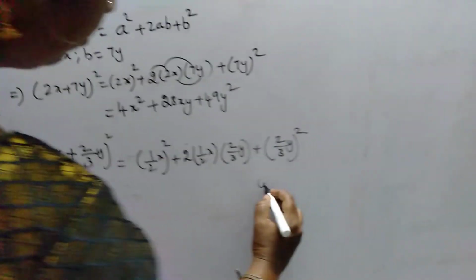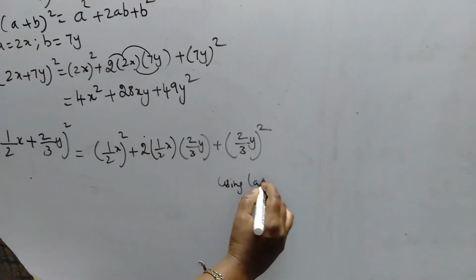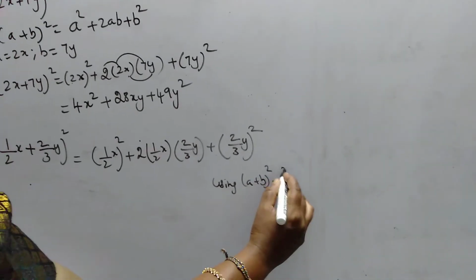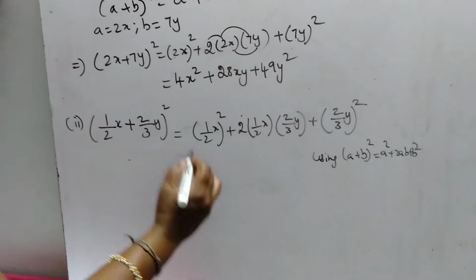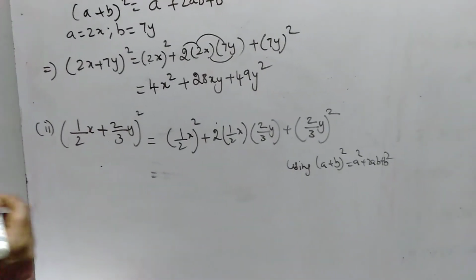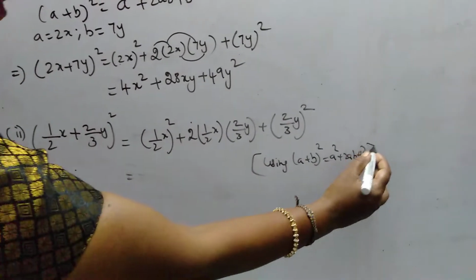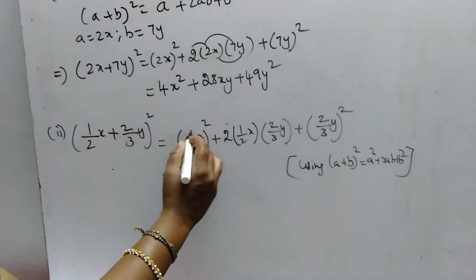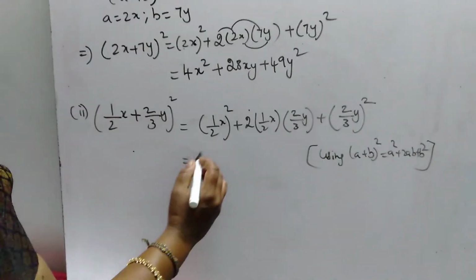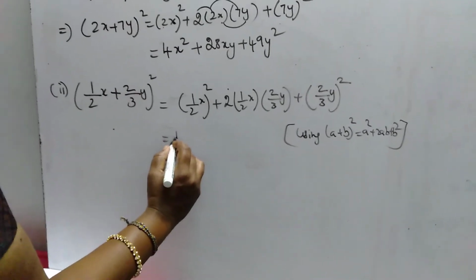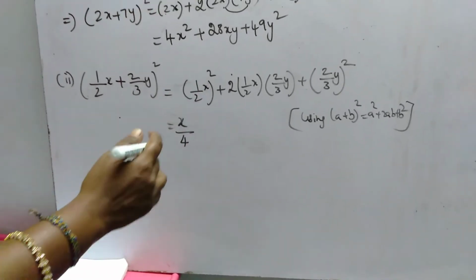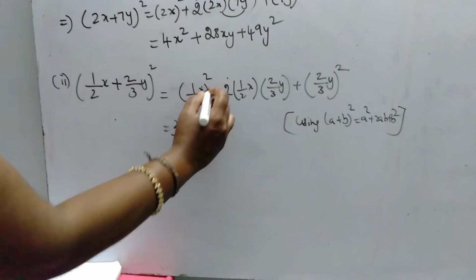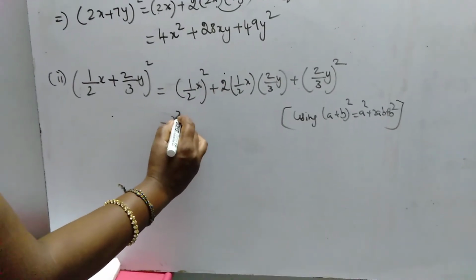Using the (a + b) the whole square equals a square plus 2ab plus b square expansion, here 1 square is 1, the denominator 2 square is 4, so x square by 4.